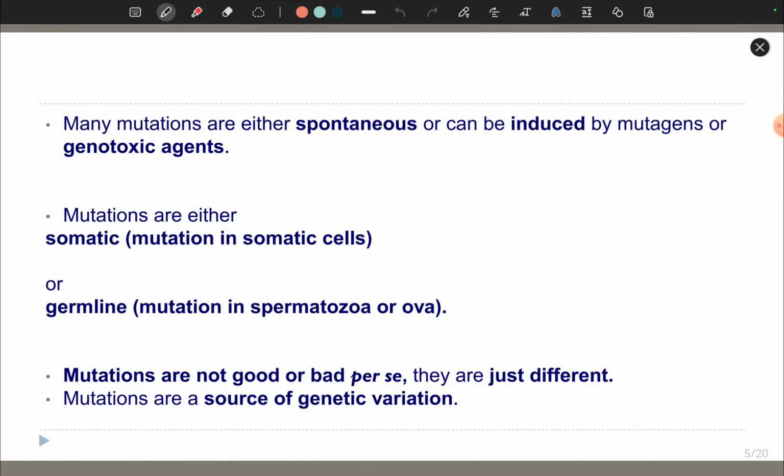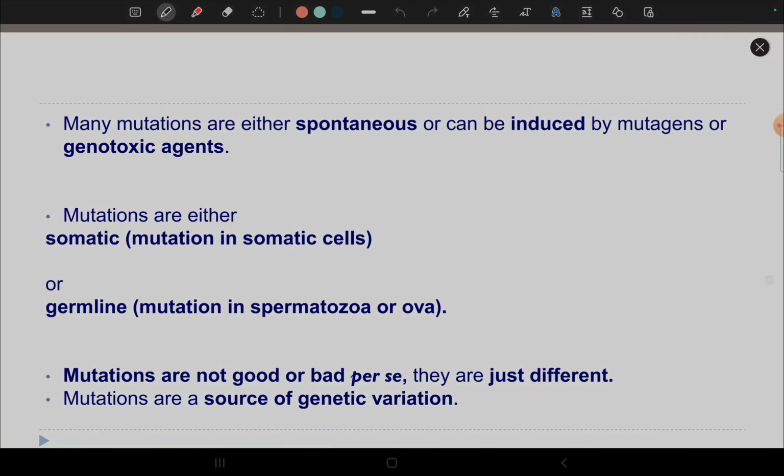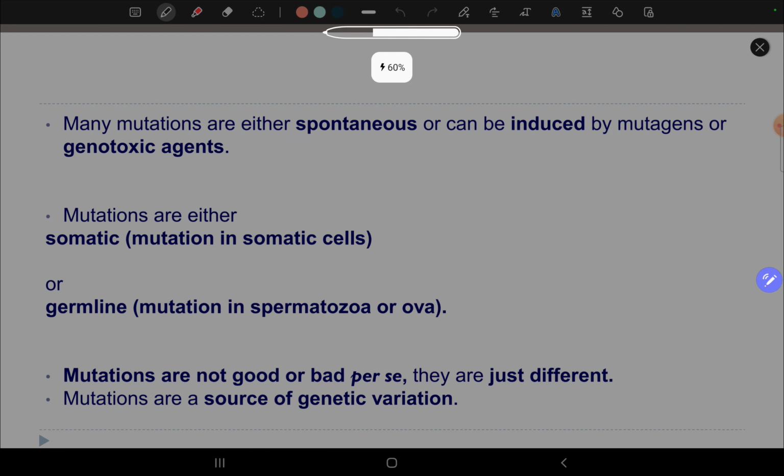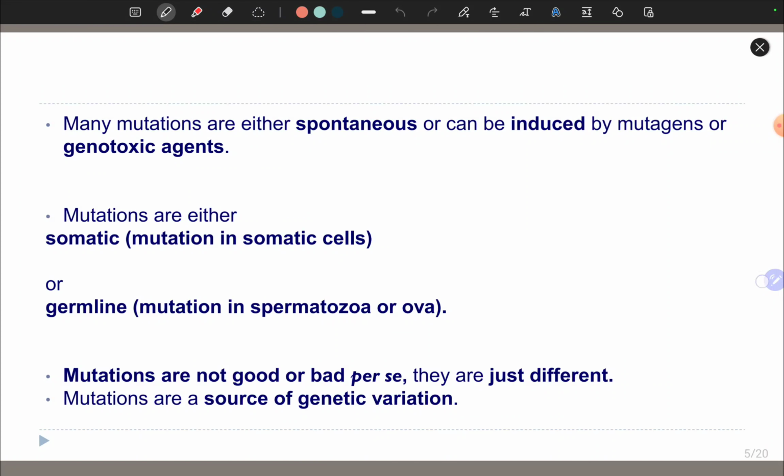It's good for other organisms like bacteria, which are prokaryotes. Bacteria can acquire resistance to antibiotics by having a mutation in one gene or more than one gene. Talking about humans, is mutation beneficial? I would say maybe there are examples of beneficial mutations in humans, and I will give you some of these examples.